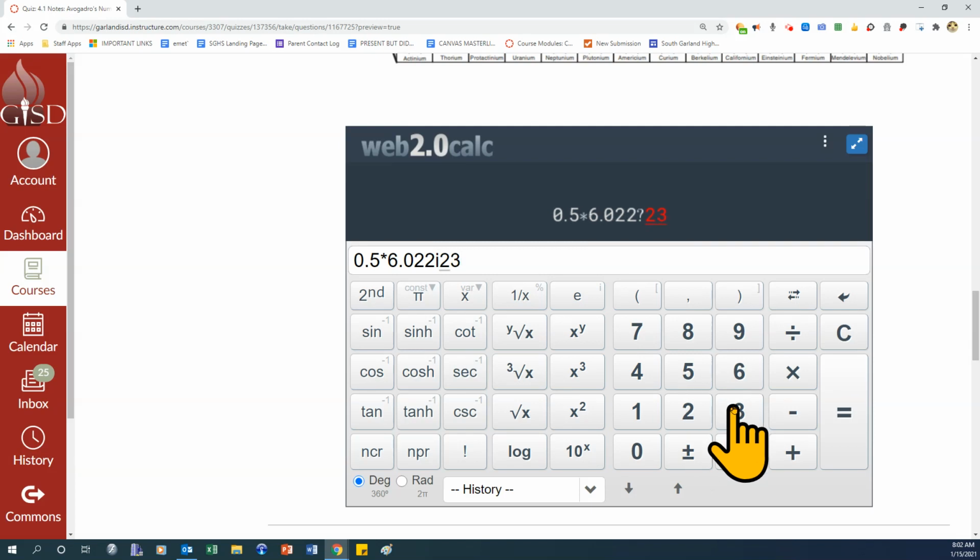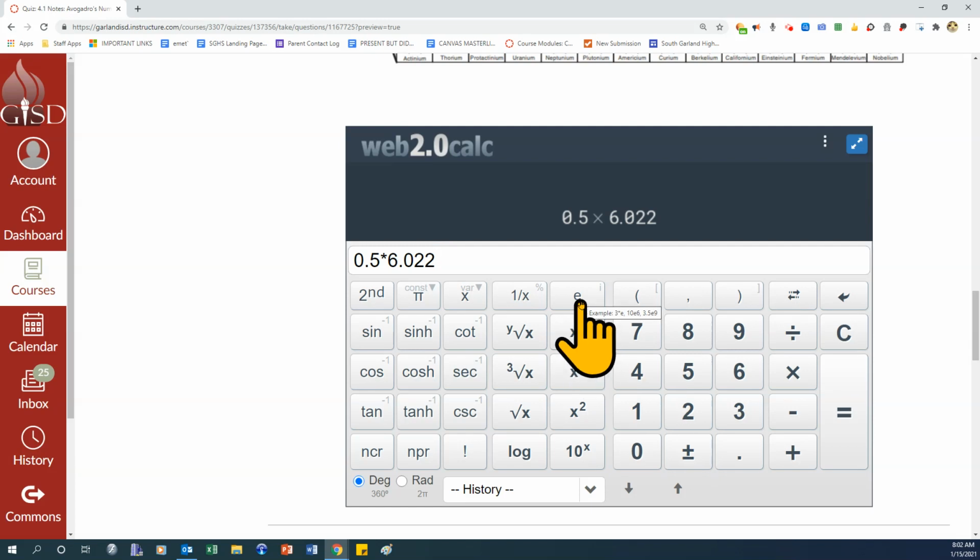Oh, did I click on the wrong one? I can't see it from here. Let's clear it out. I think I clicked the wrong one. So let's do it again. 0.5 times 6.022. And where's that letter E? It's at the top, right?